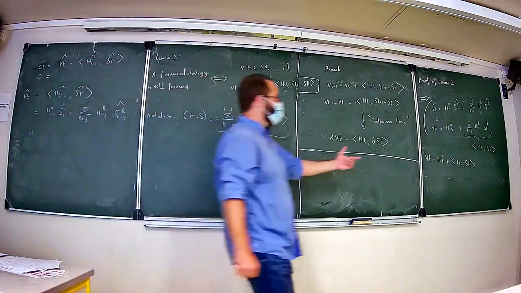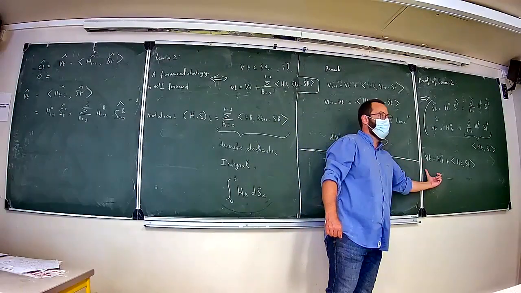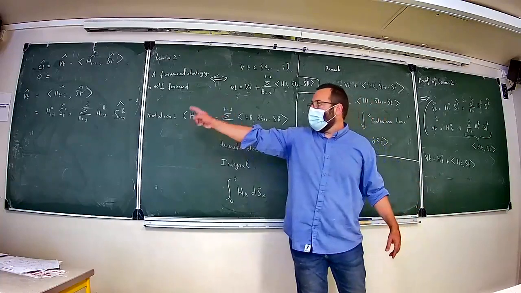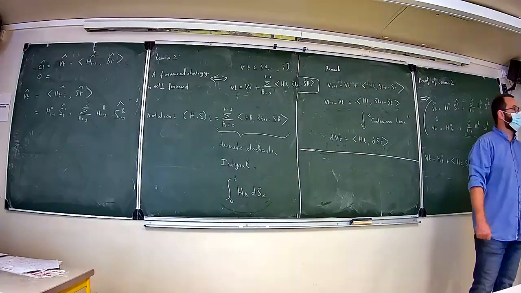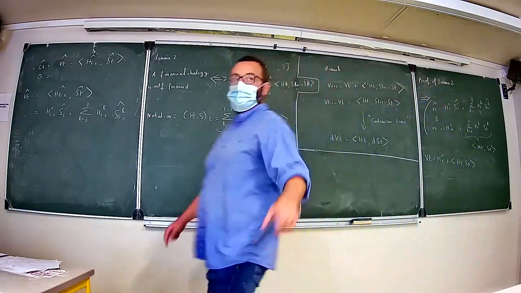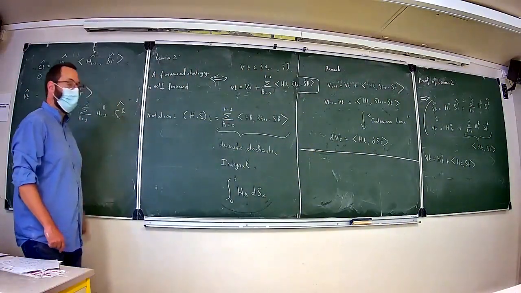So be careful, it's not the same as this one. Here, it's just the definition of the value that is true for any kind of financial strategy. What I write here works for a self-financed financial strategy. Okay? So I have done a typo, okay?